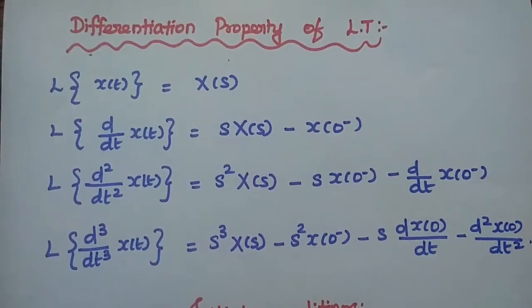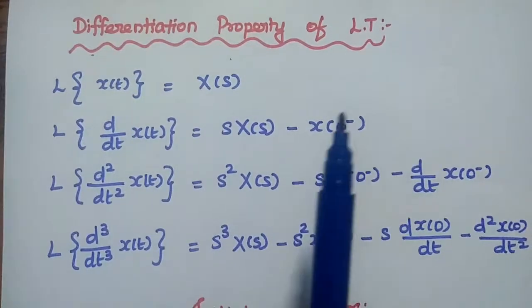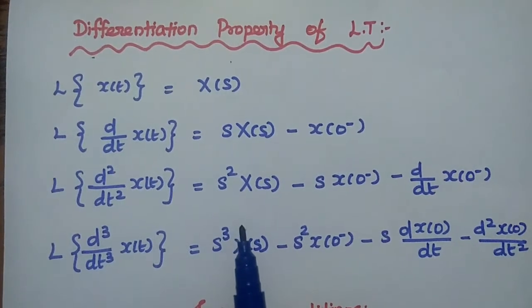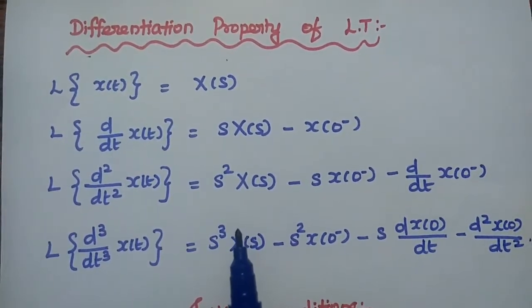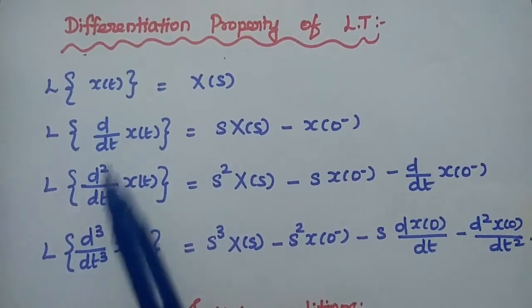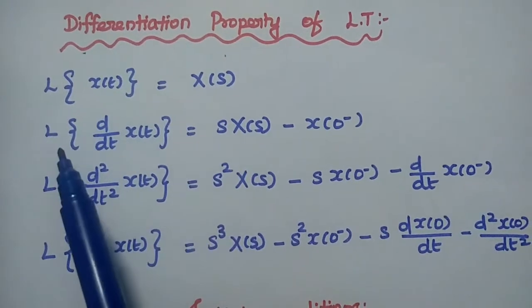Okay. So next one is differentiation property of Laplace transform. We have already discussed this property in the properties of Laplace transform video. You can refer to that video also. Here the Laplace transform of x of t is equal to X of s.